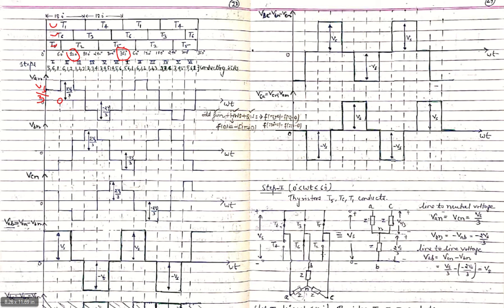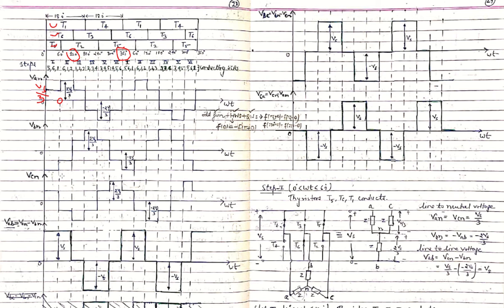The line voltage has a value of Vs. For the total Vs, this is Vs by 3, this is 2 Vs by 3, and this is 3 Vs by 3, which equals Vs. So the line voltage waveform starts from this Vs amplitude, and up to the 60 degree point, this is Vs.